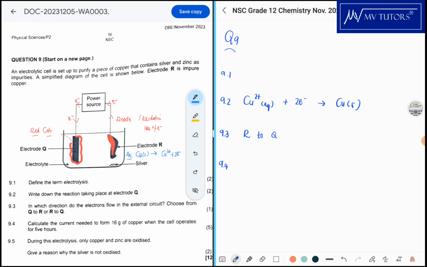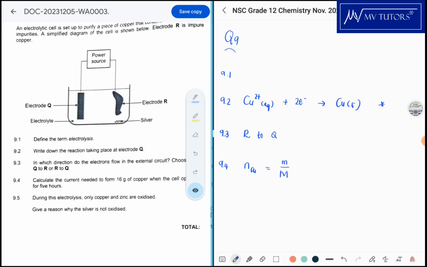So for 5 marks, calculate the current needed to form 16 grams of copper when the cell operates for 5 hours. We're going to refer back to this equation over here. We've been given the mass of copper, so I'm thinking we need to get the number of moles for copper, which is the mass over the molar mass.